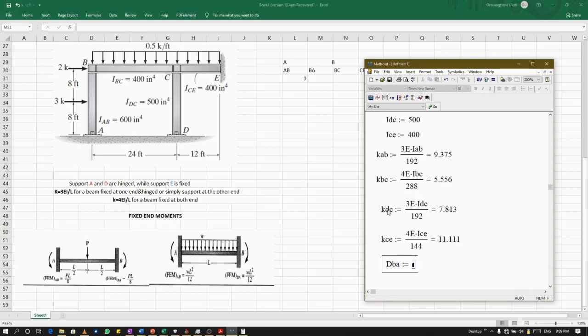Okay, so we're going to be using our stiffness factor for BA, which is AB. So we'll come here and say KAB all over KAB plus KBC.